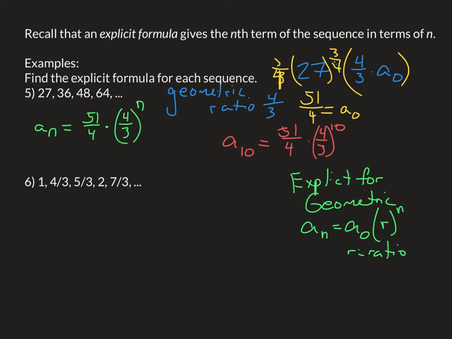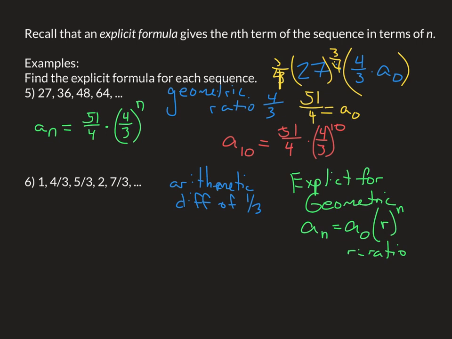Okay, in number 6, in order to find the explicit formula, we remember that we had an arithmetic sequence. It's the same as number 4, arithmetic, with a common difference of 1/3.